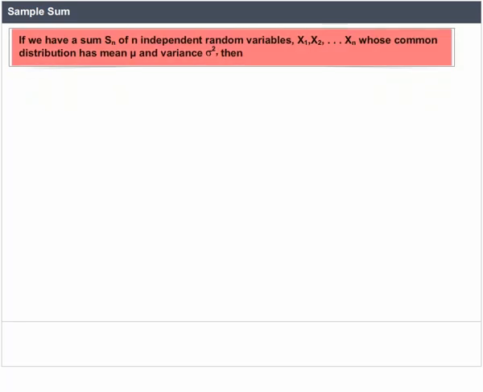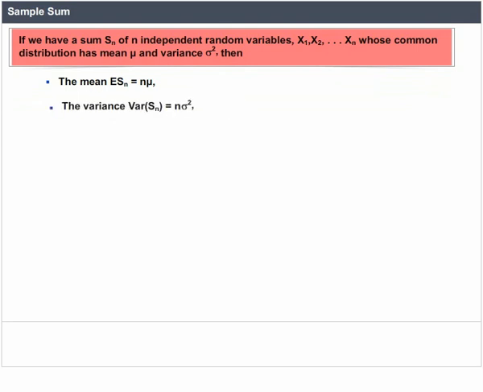Sample sum. If we have a sum Sn of n independent random variables X1, X2, etc., Xn whose common distribution has mean mu and variance sigma squared, then the mean, the expectation of Sn, is equal to n mu.